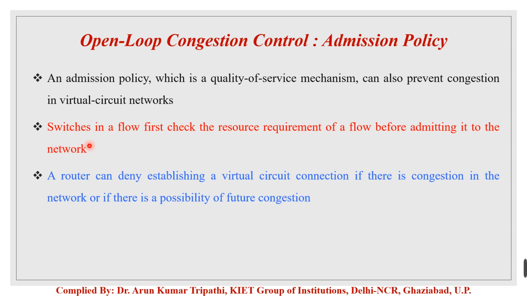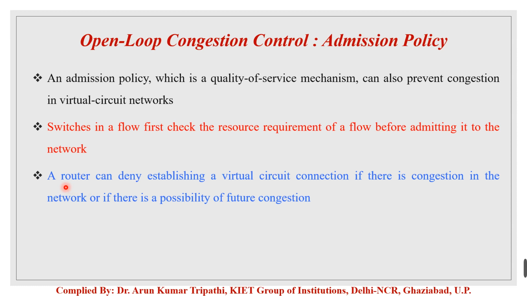So switches in a flow first check the resource requirement of the flow, means the data packet transmitted by the particular sender. Firstly check how much bandwidth is required before admitting to the network. If it is lower than the capacity of the network or that switch or that router, it will get admitted immediately.